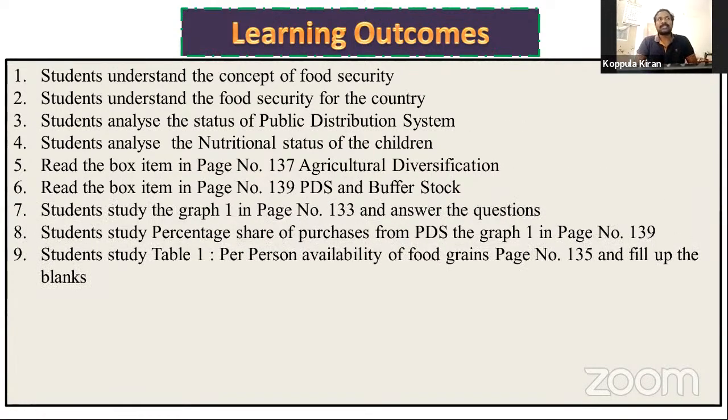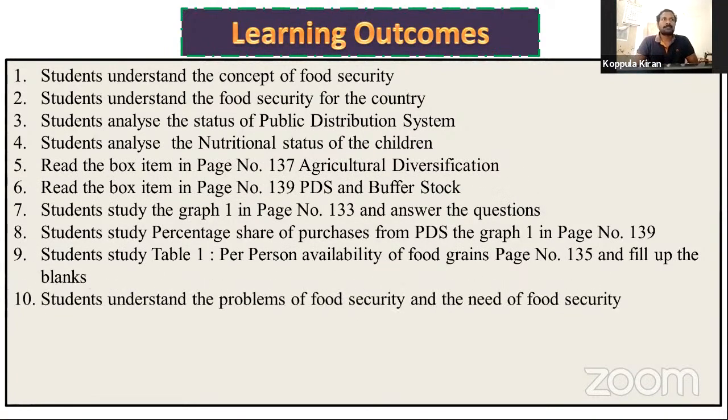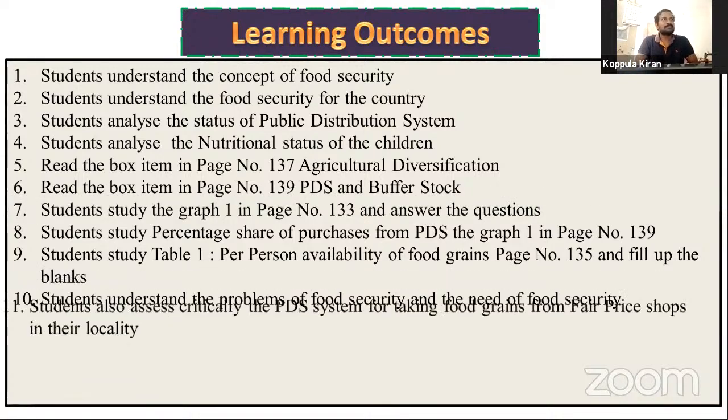Students study table 1, per person availability of food grains, page number 135, and fill in the blanks. Students understand the problems of food security and the need for food security. Students will be able to learn what the problems of food security are and why food security is required. Let us discuss in the lesson.